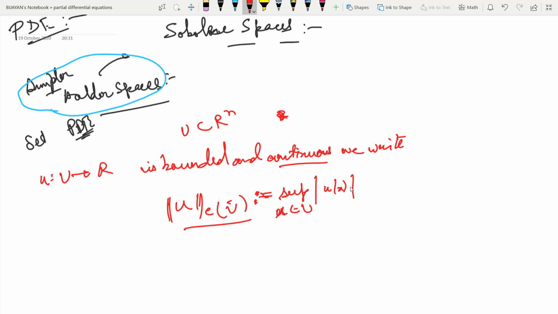Since u(x) is a real valued function, this one is a real number, whether minus or plus, so we shall take only the positive. So it is the absolute value function, and we are taking the supremum. This is the definition one.